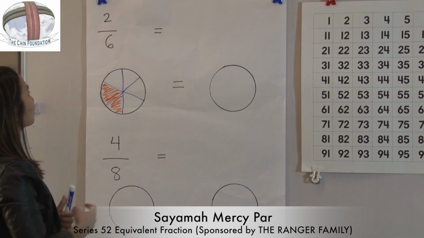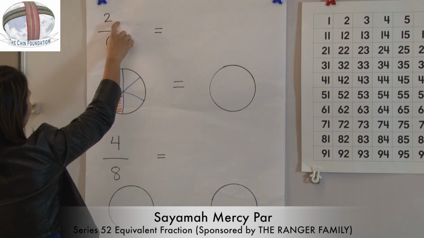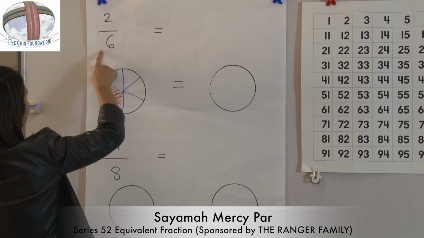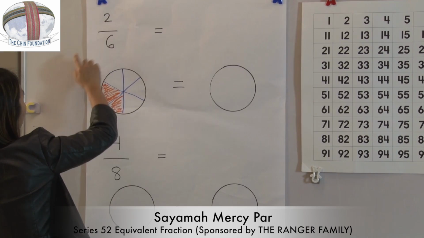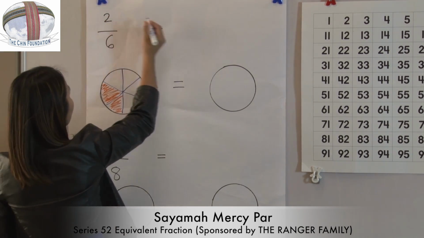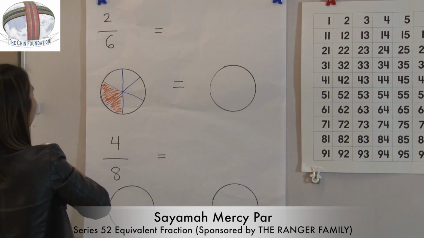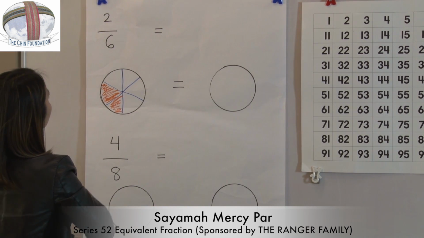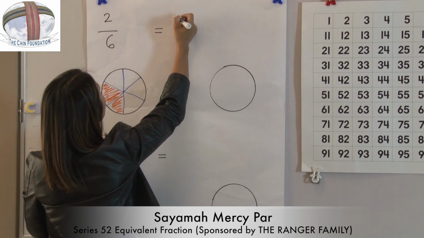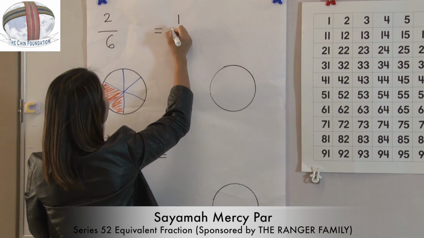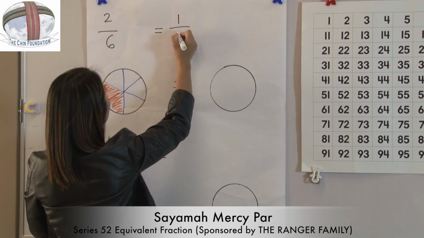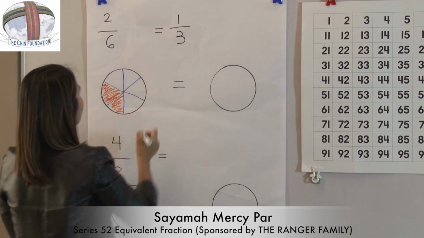Okay. So we can do like time. We can take away this. So this is 2. So 2 times 1 is. Let's do this. 2 times 1 is 2. 2 times 3 is 6.